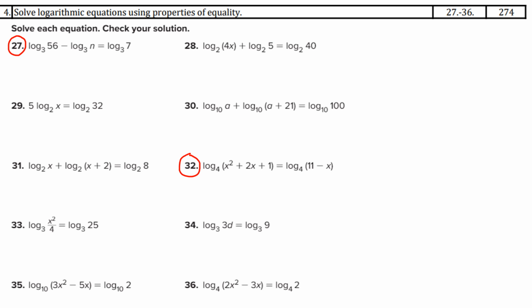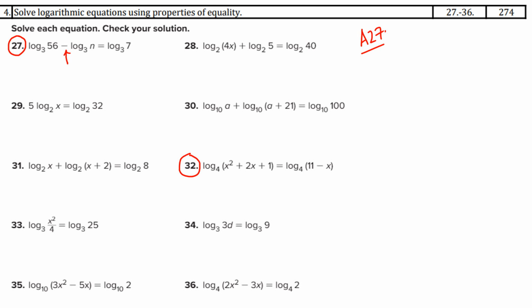So let's start doing question 27. Now the way I'm going to be doing 27 will be exactly same the way you will do 28. So let's write here 27. So you are given a logarithmic equation on the left, a 1 on right. What is the sign in between? Subtraction.